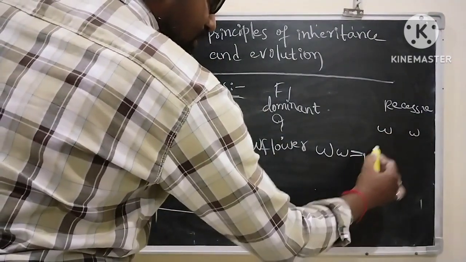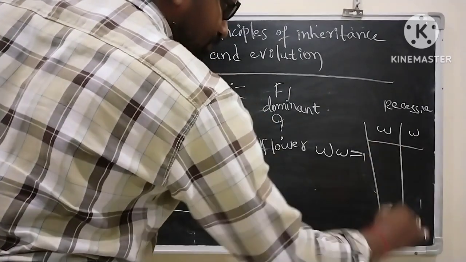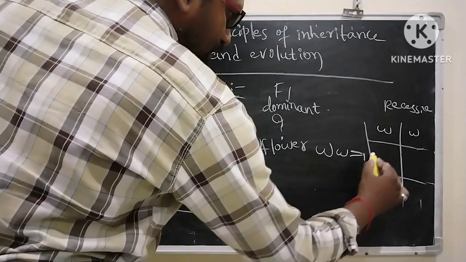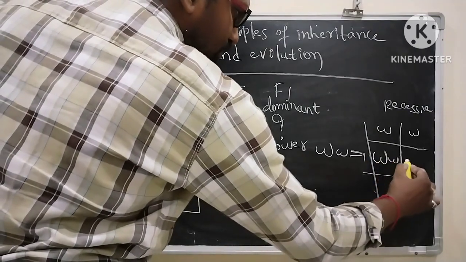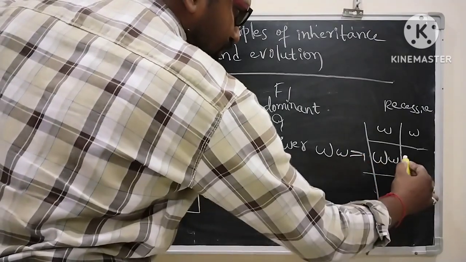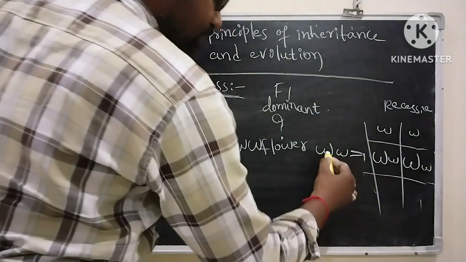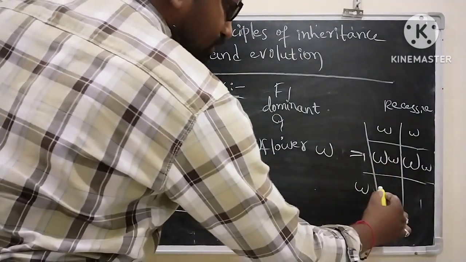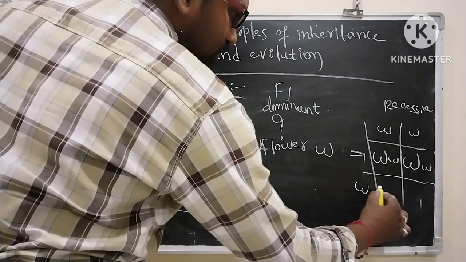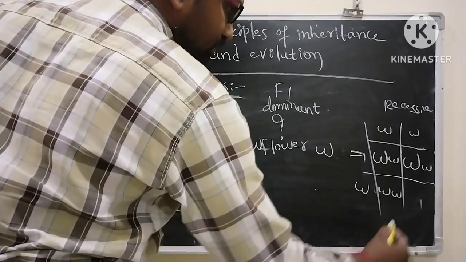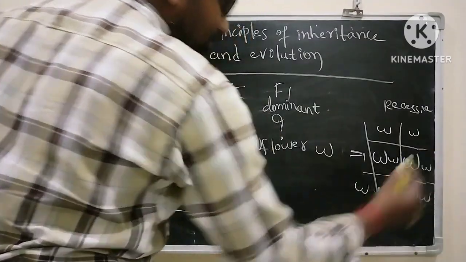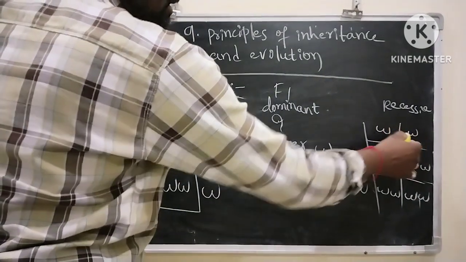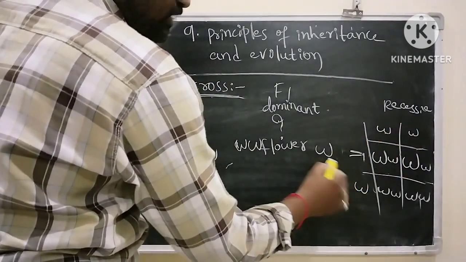So here capital W, small w. Next capital W, small w. Why does this situation occur? See, here this is recessive and this is heterozygous.